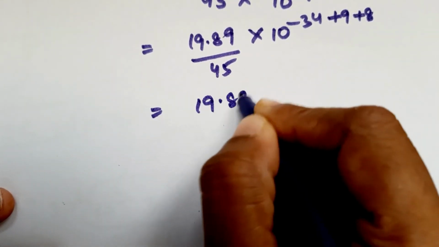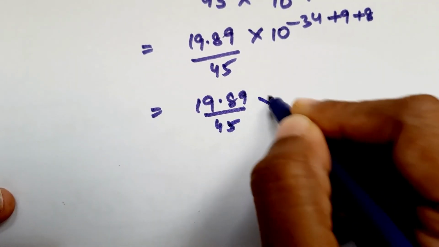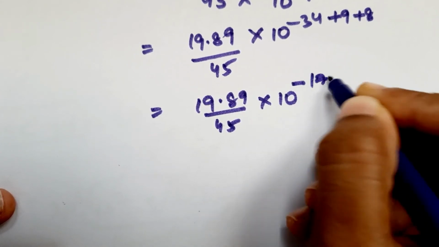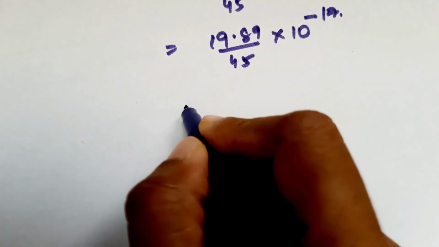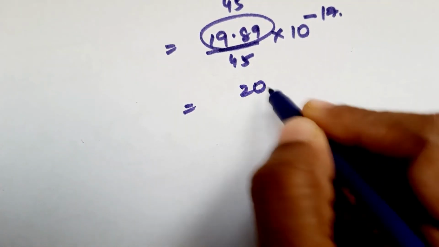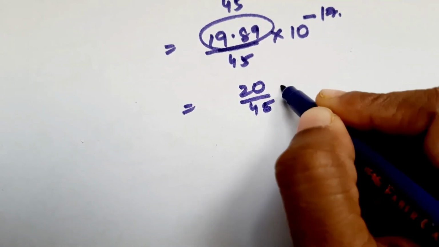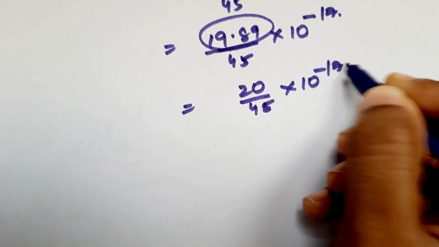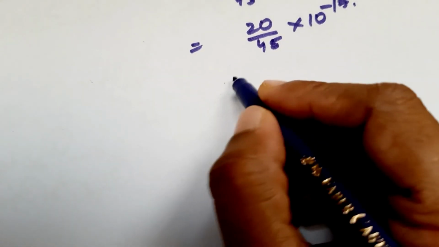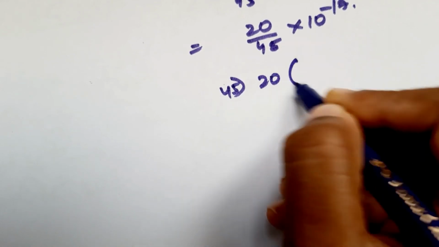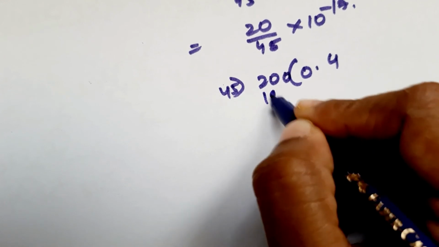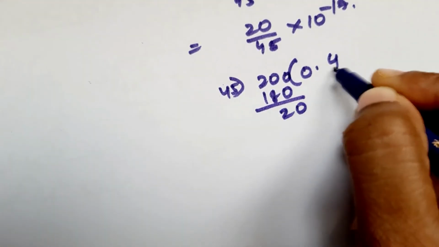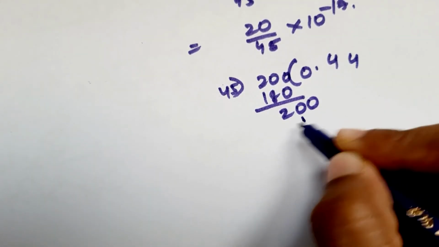Then we get 19.89 by 45 into 10 power minus 17. Shortcut: I am writing 19.89 as 20, making it a round figure, by 45 into 10 power minus 17. 45 into 4 is 180, and we get again 20, again 0, 4, 180.